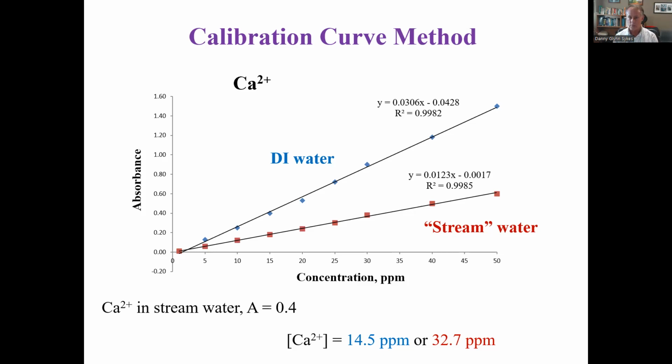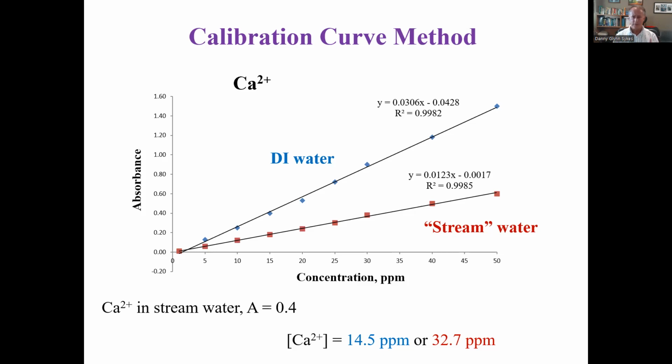Now, one thing I do want to point out, and it's absolutely crucial that this is so, because the methods we're going to use to actually quantify analytes depend upon this. If I look at this, I can see that in both cases, from essentially 1 to 50 ppm, both curves are in a linear range of response.